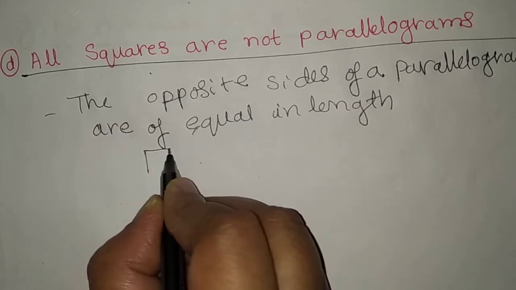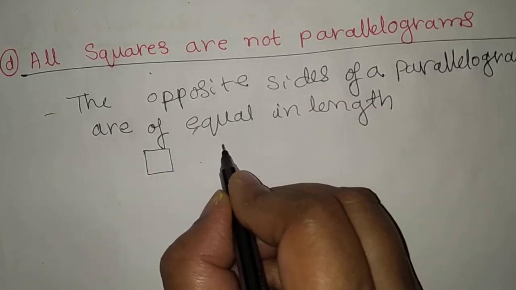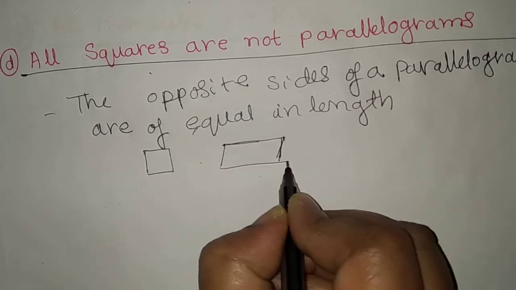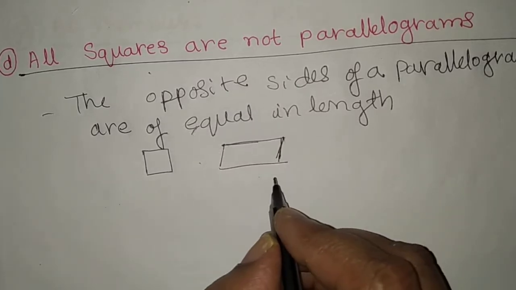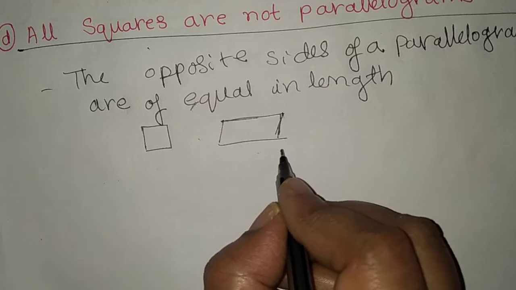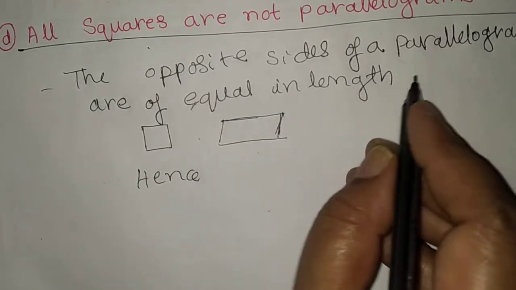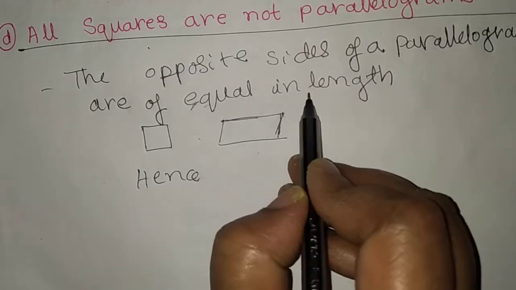So we know this one, just write this one a square and this one a parallelogram. So we can say hence opposite sides of a parallelogram are equal in length.